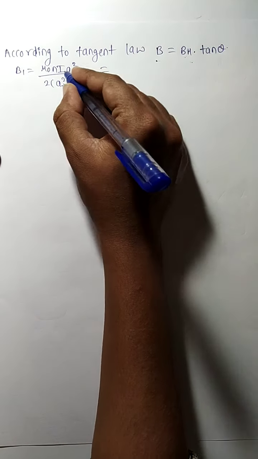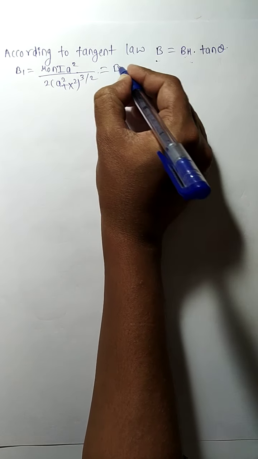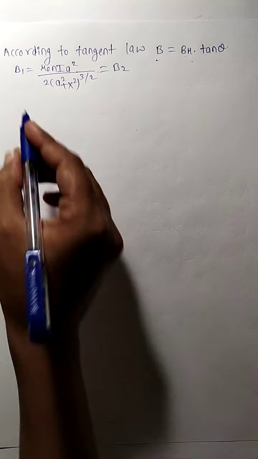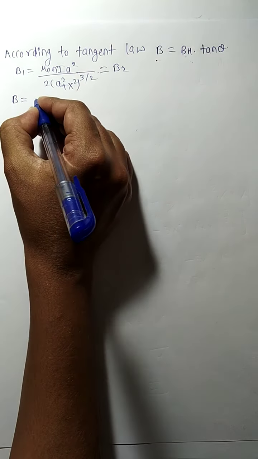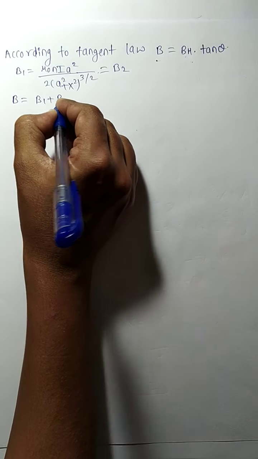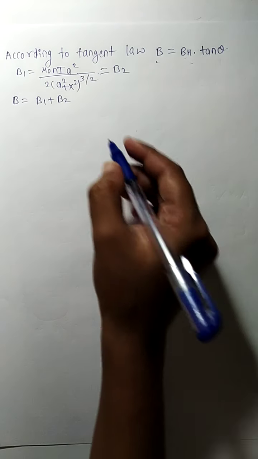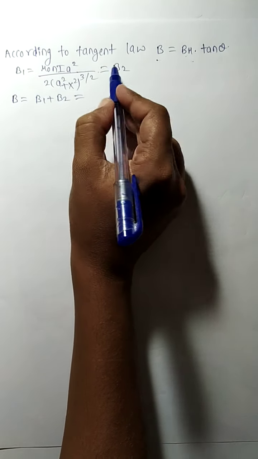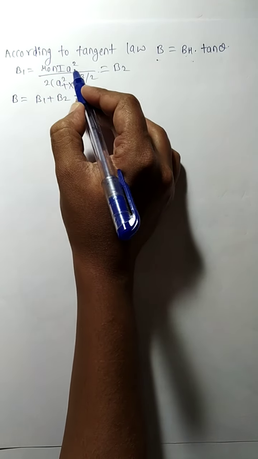In the same way, the other coil also produces the same magnetic field, that is B2. So now the total magnetic field is B1 plus B2, isn't it? B1 is the same as B2, so when we add both, we get 2 times this one.